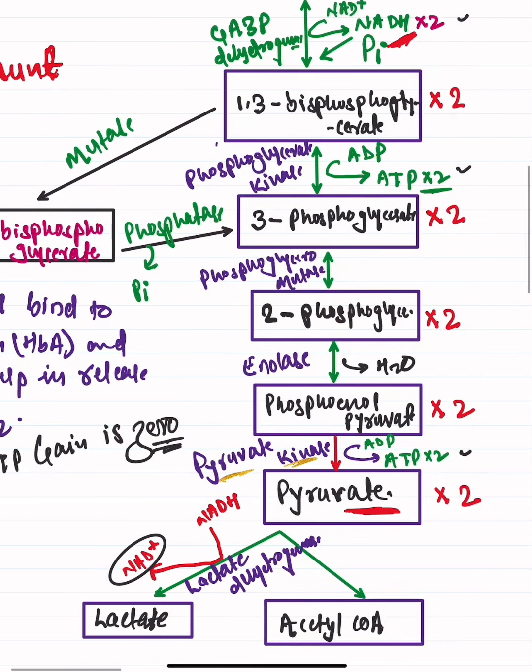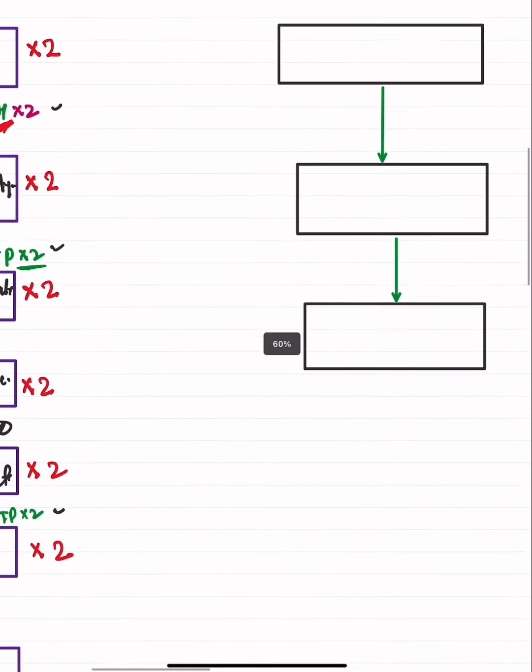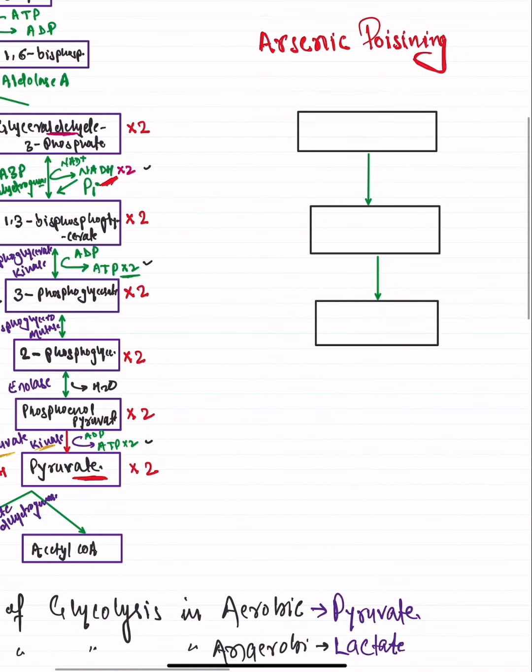And one more thing I would like to discuss with you is arsenic poisoning. Actually, what happens in arsenic poisoning? Arsenic inhibits glyceraldehyde 3 phosphate dehydrogenase. I told you the enzyme here, Ga3P dehydrogenase. Right.